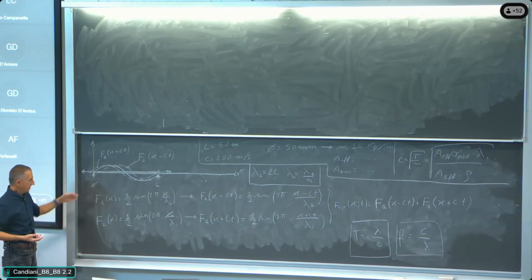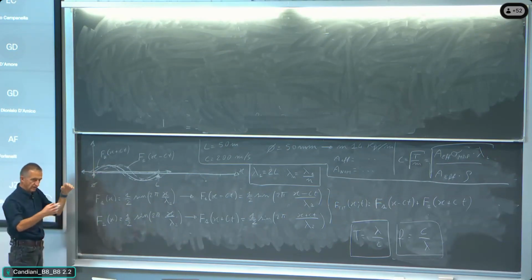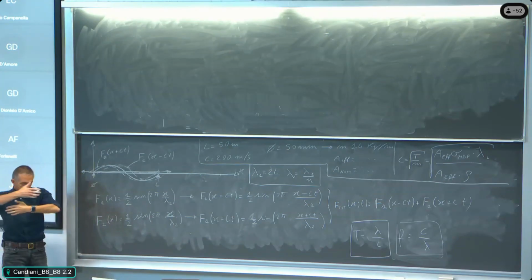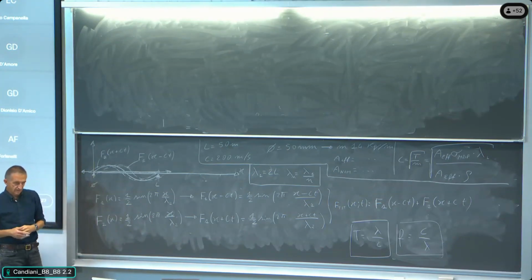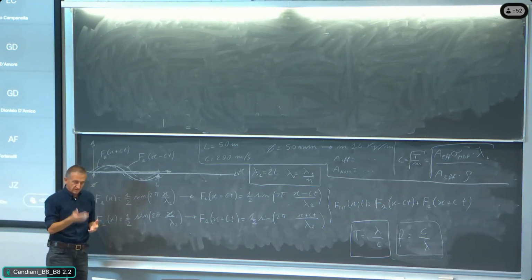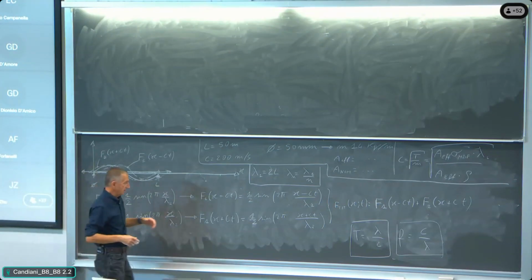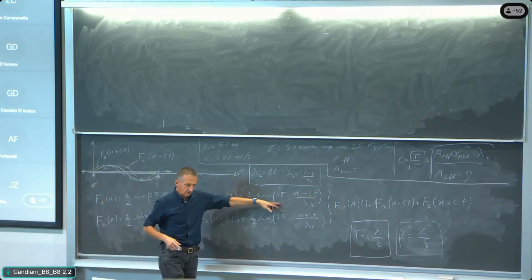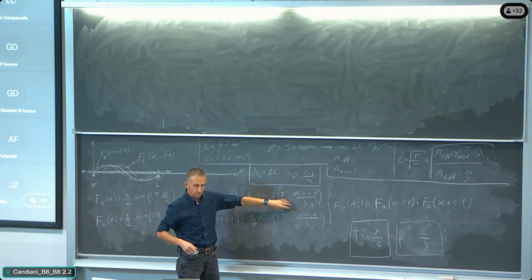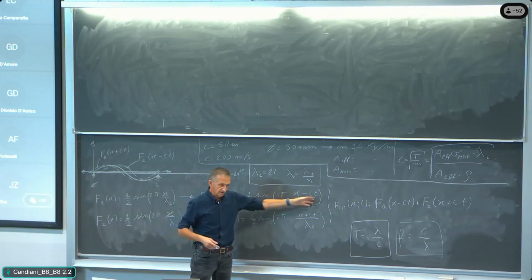All right? And so we are building the two waves that are sliding, one in the opposite direction of the other. In the slides that you have, there are the calculations to show that if we develop this object through the prostaphaeresis formulas of trigonometry, it's possible to separate.